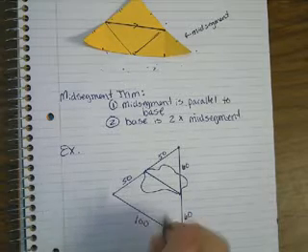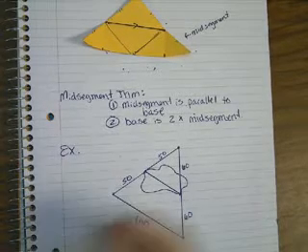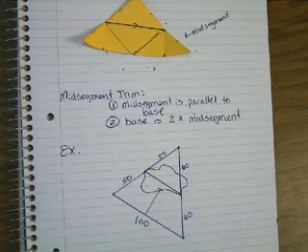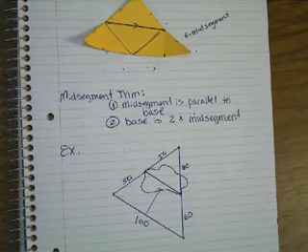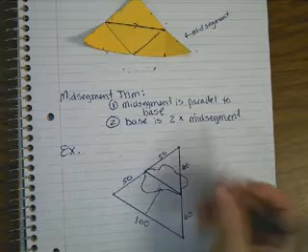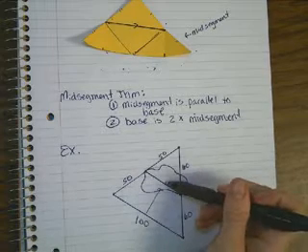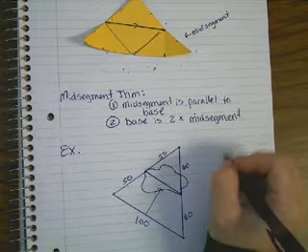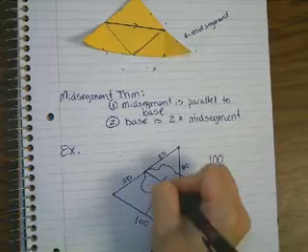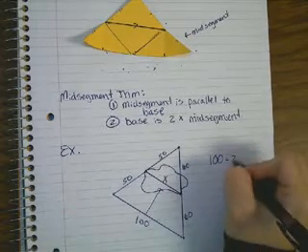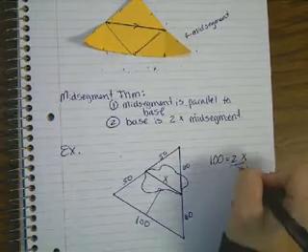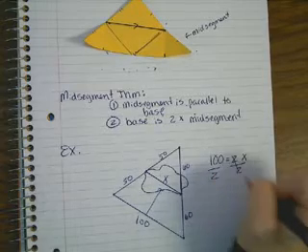How far does it cross the lake then? Well, according to this theorem, this has to be twice as much as that, right? So my 100 feet is equal to 2 times the midsegment. Divided by 2. So it is 50 feet across my lake.